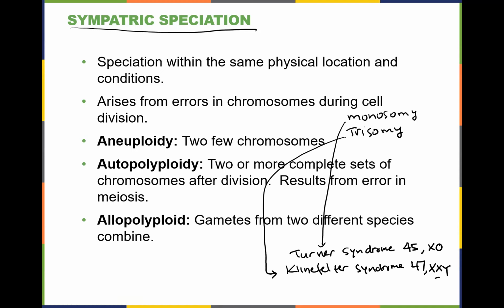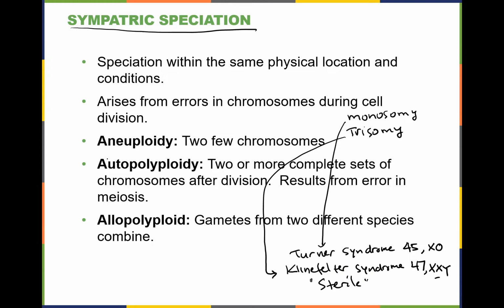However, in humans, Turner syndrome and Klinefelter syndrome individuals are sterile, so they do not produce offspring. Therefore, they will not evolve into new species because they are sterile. However, in plants, these aneuploid plants or organisms are able to reproduce, causing them to become a new species.